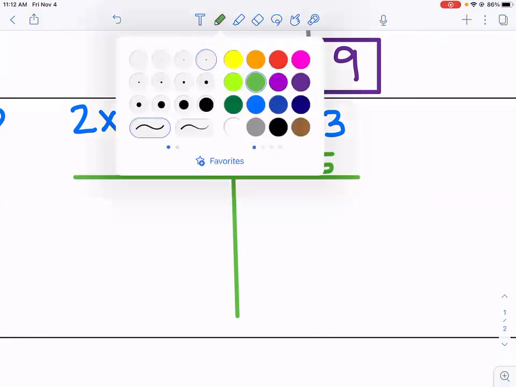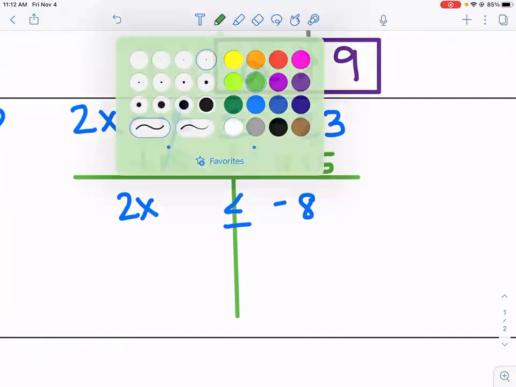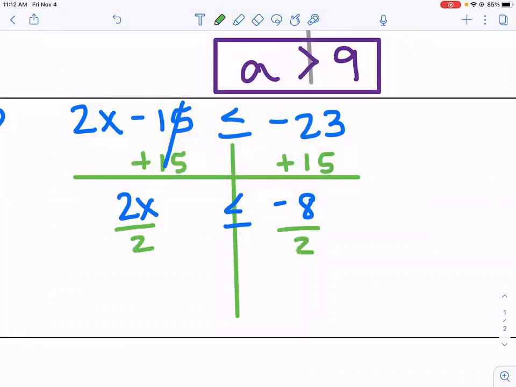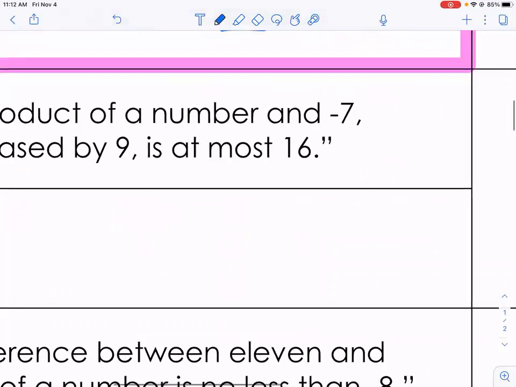All right, so then these do cancel each other out, and we have 2x is less than or equal to, what is it? Negative 8. Yeah, it is. Now, when I divide by 2, do I need to flip my sign? Why not? I'm not dividing by a negative, I'm dividing by a positive 2. Okay, good. All right, let's look at number 3.